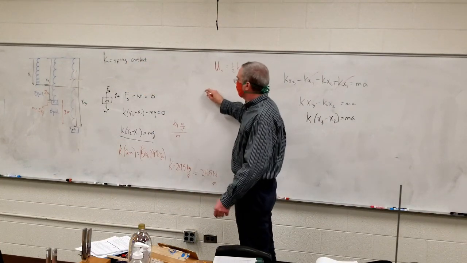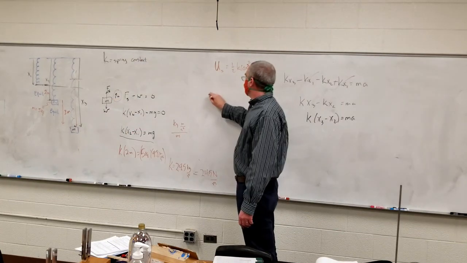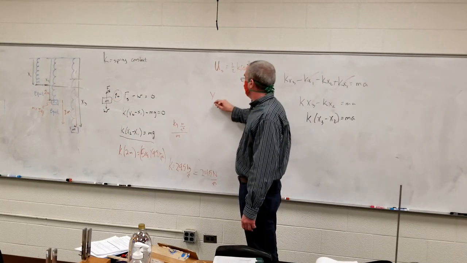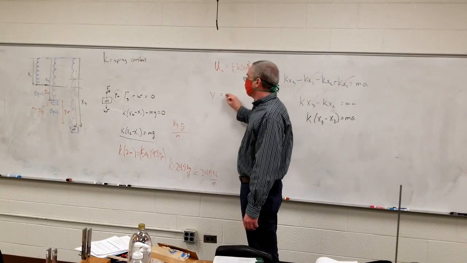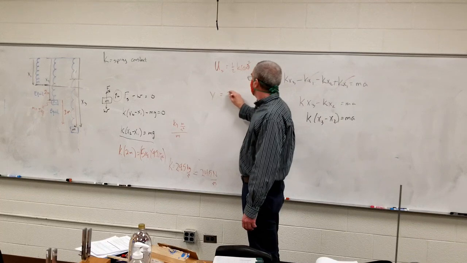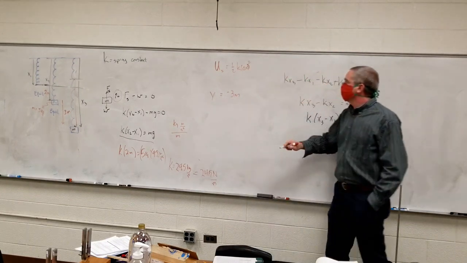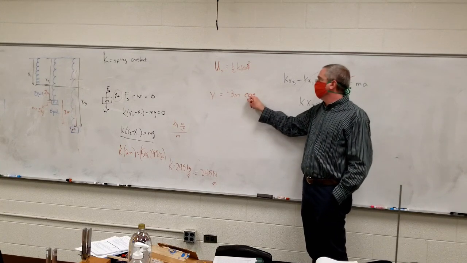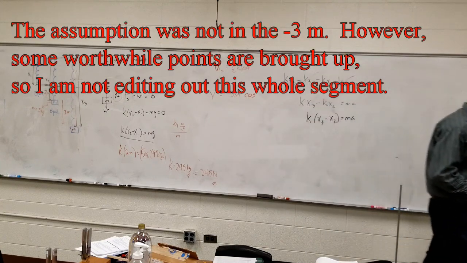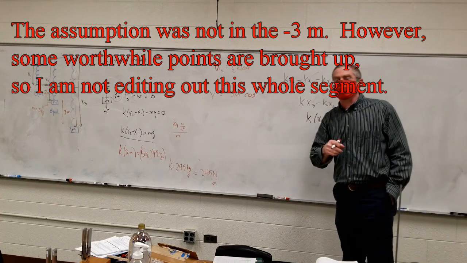Do I still have a positive? Yeah, there it is. So my position, what the heck, let's stick with the brainwashing, y equals -3 meters times the cosine. What assumption did I make when I wrote down -3 meters there? Up is positive. Yeah, that's one of them, but there's another assumption that I did not state explicitly.